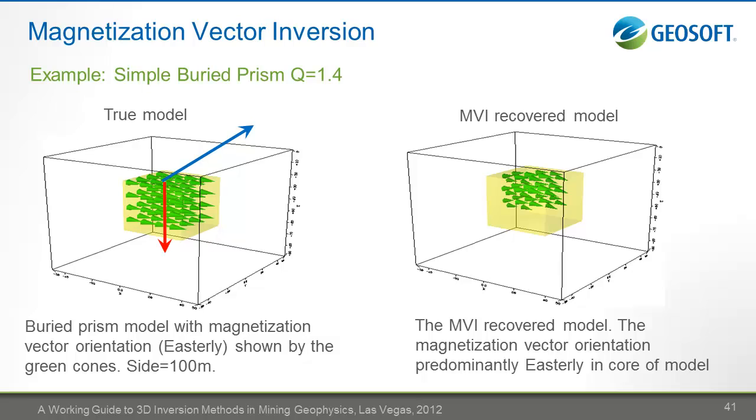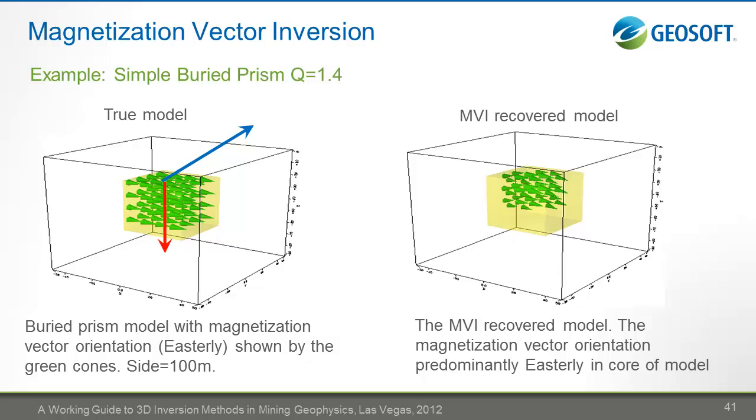When you run a magnetization vector inversion, you are solving for both the magnetization vector amplitude and direction, and that's represented here by these green cones.